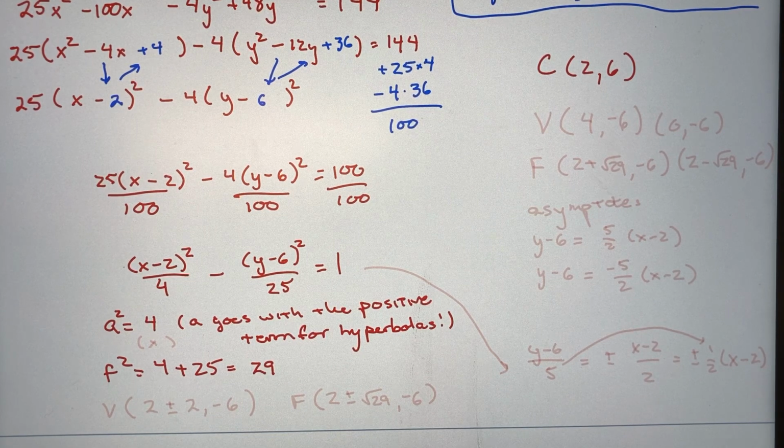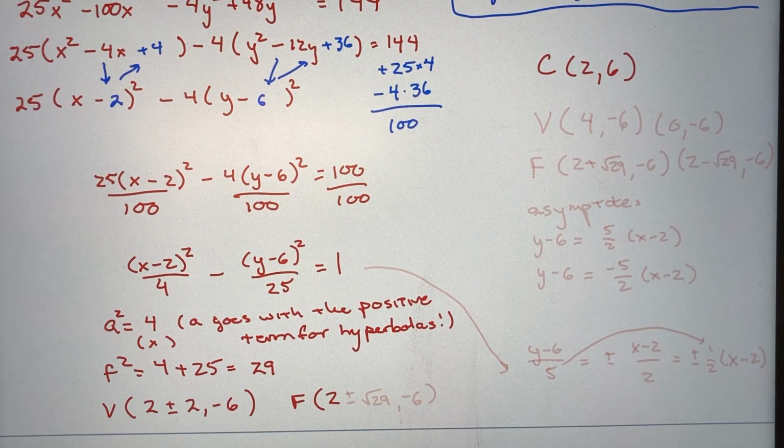So and notice that A is in the x direction. So the vertices are going to be, change the x coordinate. I know all of my examples keep changing the x coordinate. It's only a coincidence, so be careful. A is 2, and then the focuses add plus or minus, well, okay.